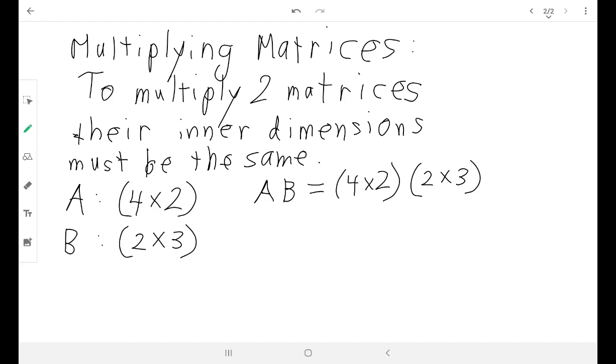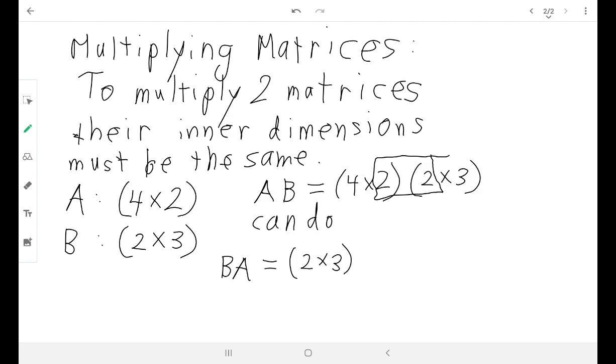And this I can do. It's possible, and the reason that it's possible is because those numbers are both 2s. Now, on the other hand, if I wanted to multiply B times A in the other order, that would mean I was doing a 2 by 3 matrix times a 4 by 2 matrix. And because those numbers are not the same, this is not possible.